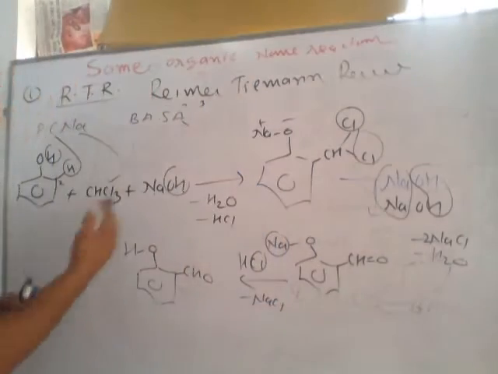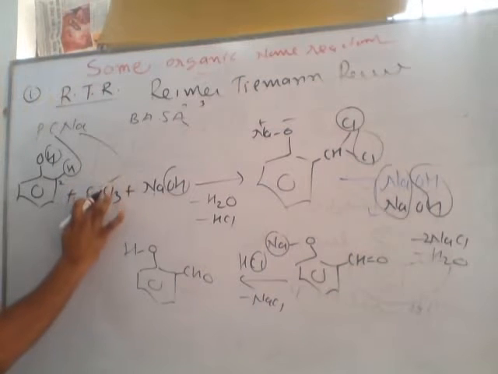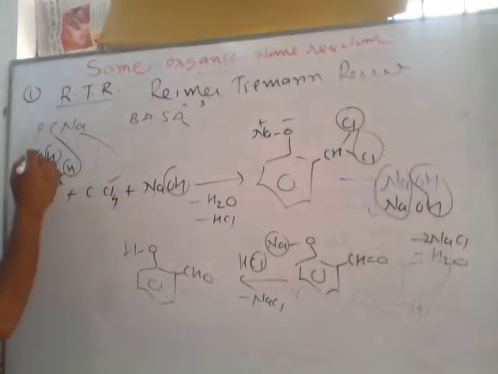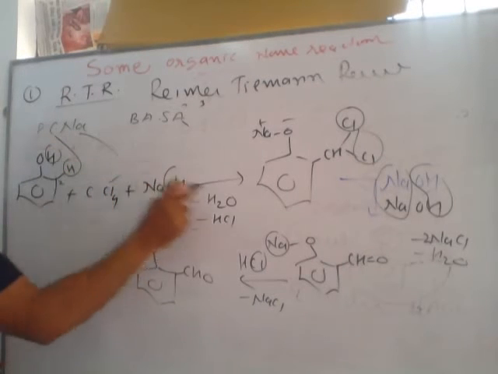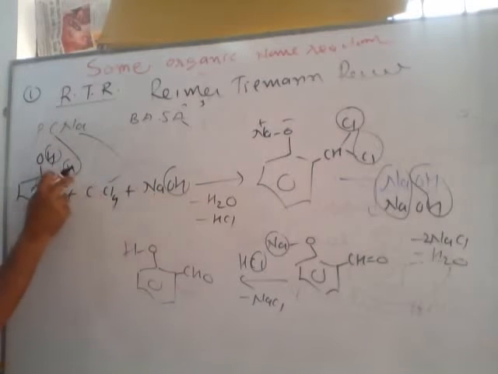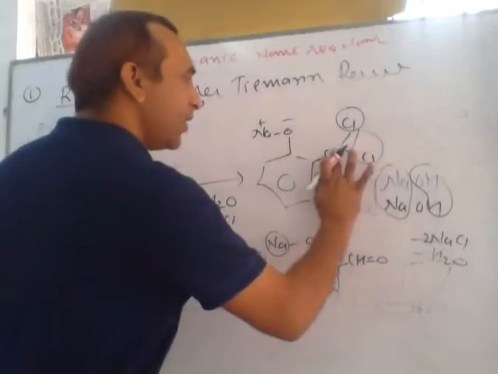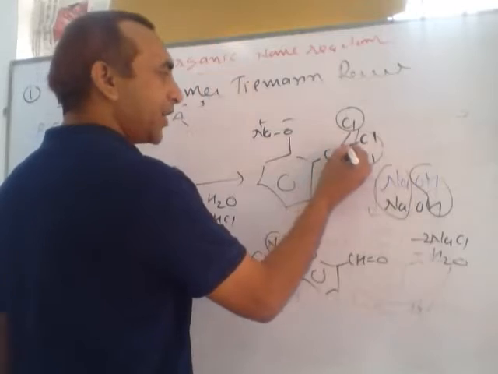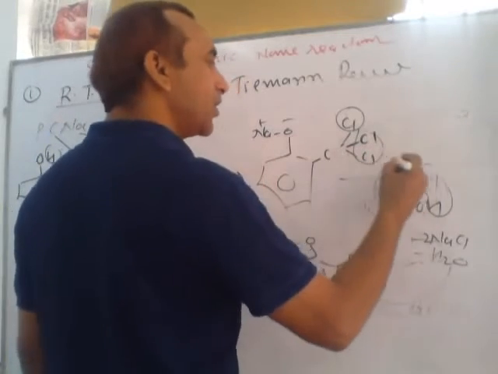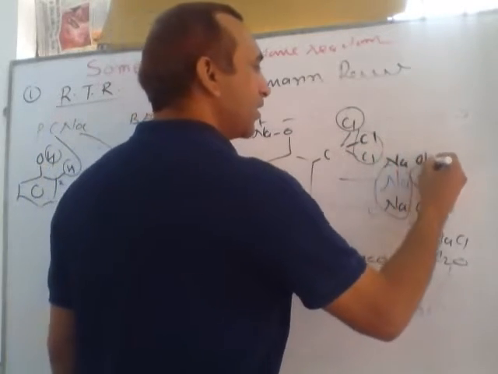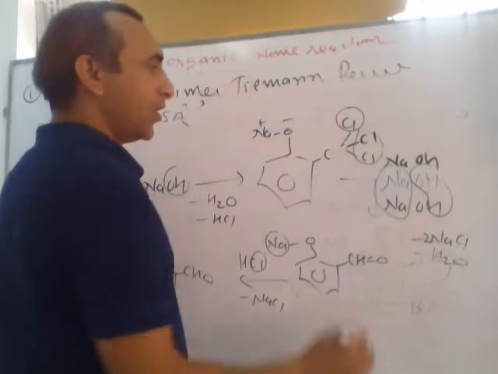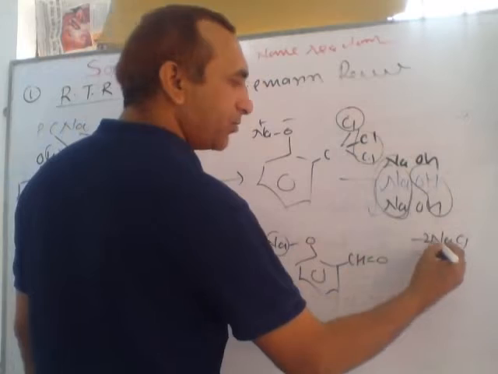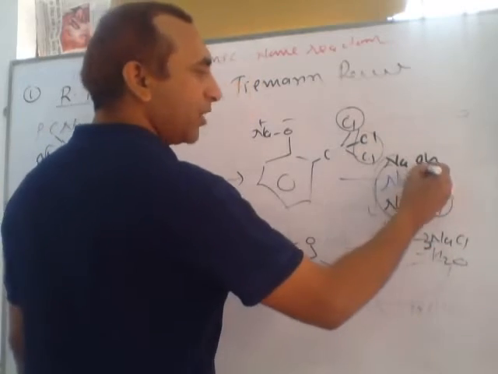Suppose we are using this compound, this is CCl4. Similar reaction, OH and water removed, chlorine and H, HCl removed, and here 3 chlorines will be present, directly connected with carbon, and we are using 3 NaOH. So these 3 Na react with 3 chlorines and form 3 NaCl along with removal of this water molecule.